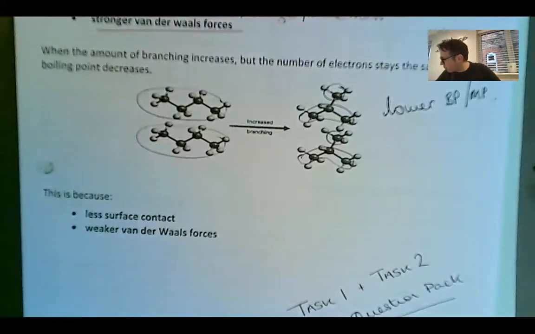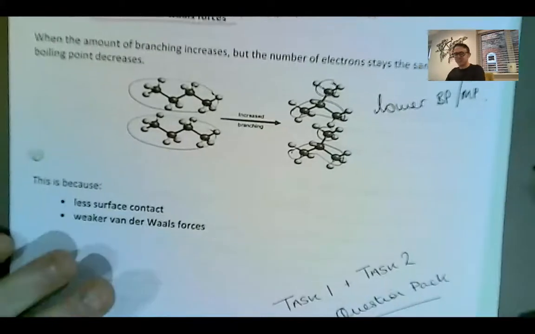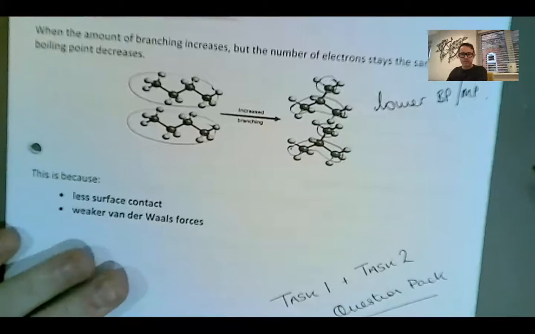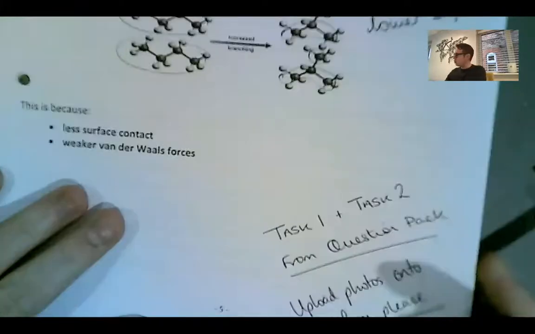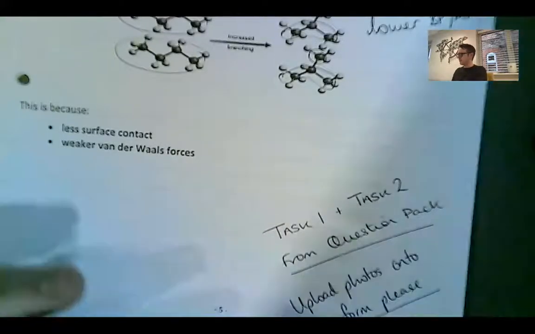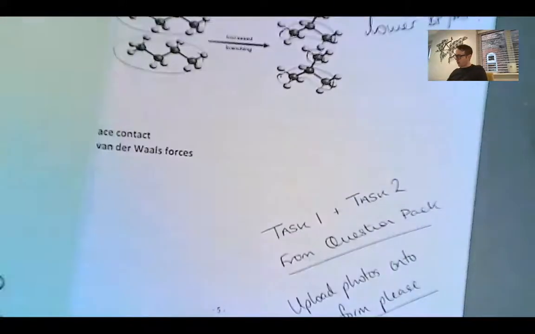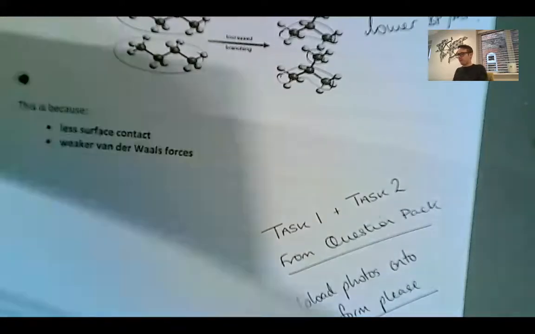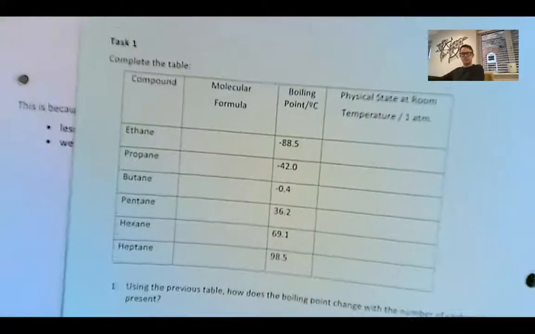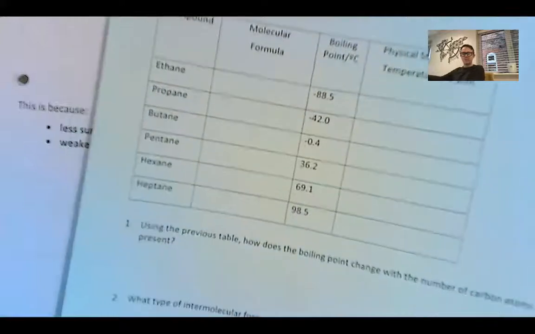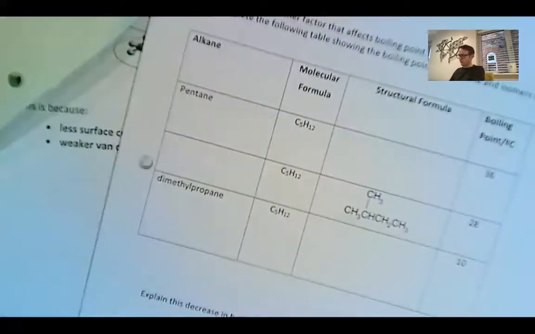What I would like you to do at this stage, as I'm drawing to the end of the video part of this lesson, is in your new question packs, have a go at tasks 1 and 2. Task 1 is on the front inside cover, on the green cover, with a few bits about what state different alkanes are going to be at room temperature, and it asks about different formulae of them.